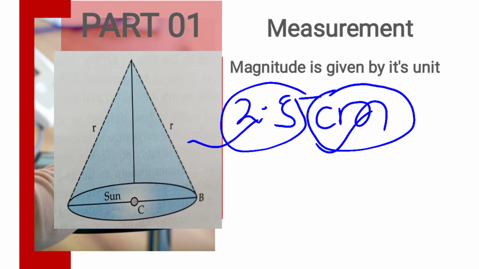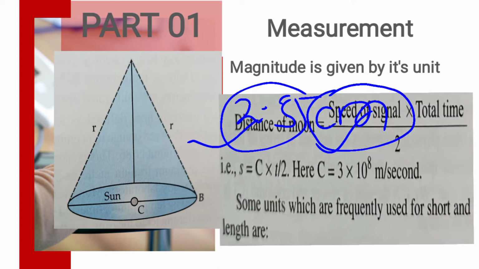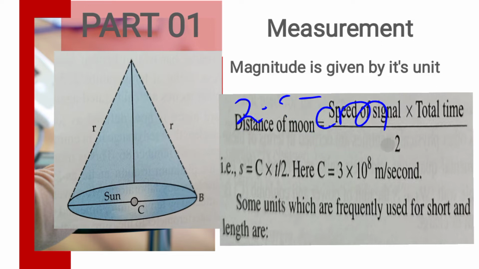Okay, and now we will erase this. And the distance of the moon would be speed of signal into total time upon 2.